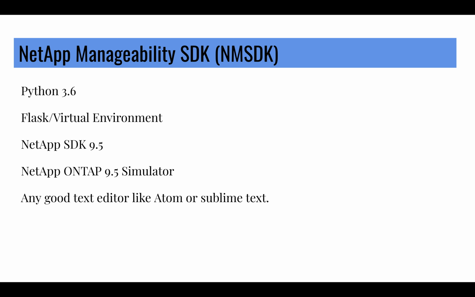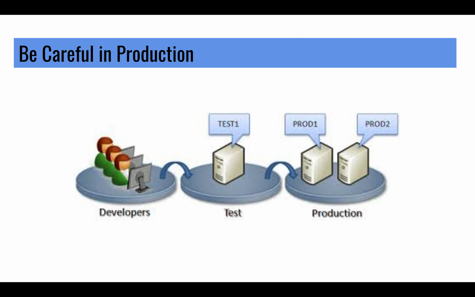So I think we are good to go ahead, and in upcoming videos we'll see how we can develop using the NetApp API, how we can develop different environments, how we can provision different resources.